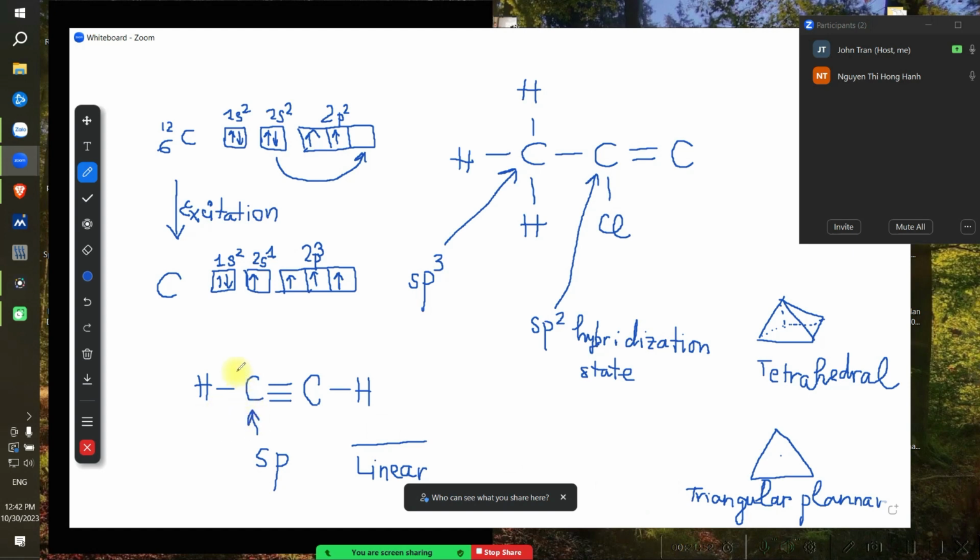It's basically just telling the shape of that molecule or that bonding. Does that answer your question? Also, what if they ask about the hybridization of the bond, not the carbon, but... Yes, what's your question?